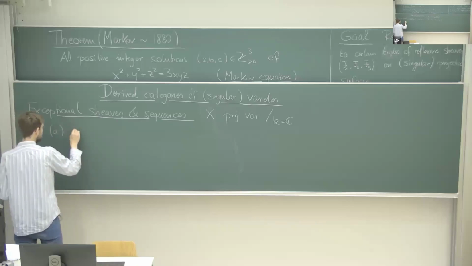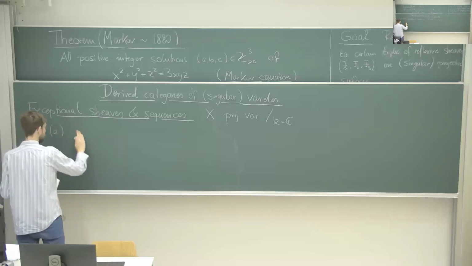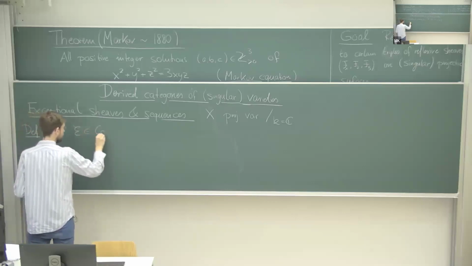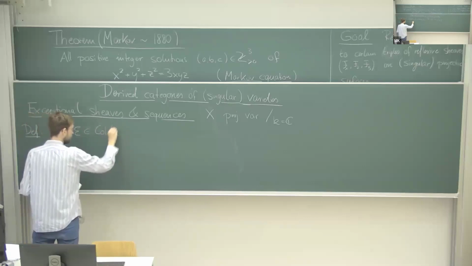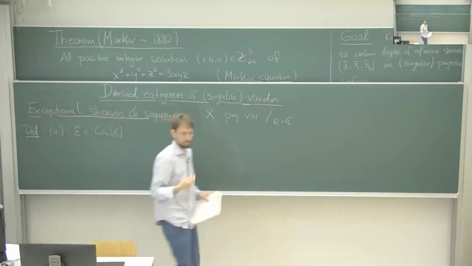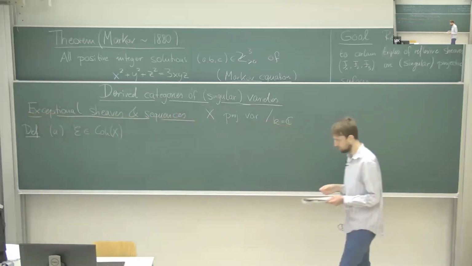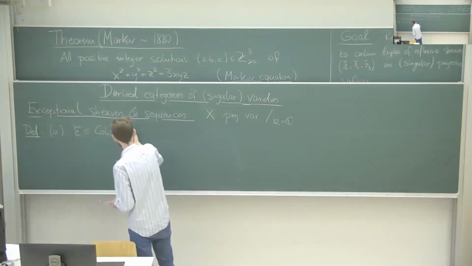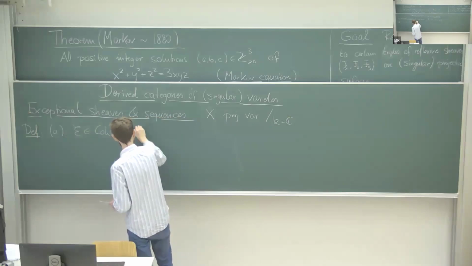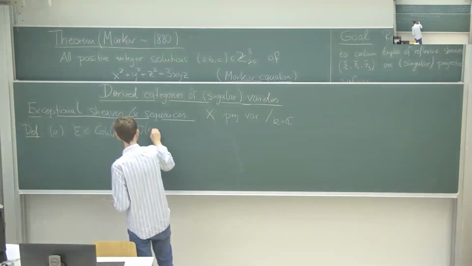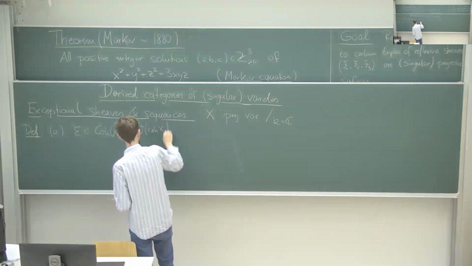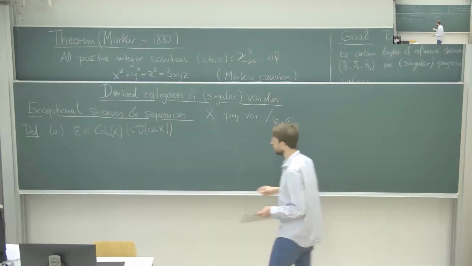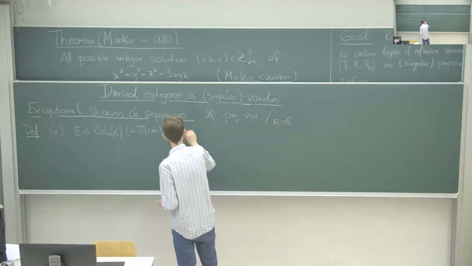For simplicity, I will talk about sheaves, at least in the beginning, and all the objects that will appear in our examples later will be sheaves, but you can also define all of this more generally inside the corresponding bounded derived category of coherent sheaves on X. So such a sheaf is called exceptional.